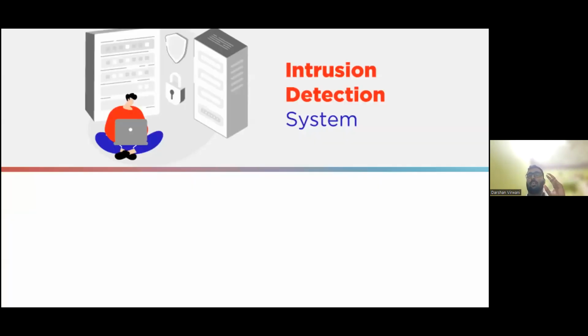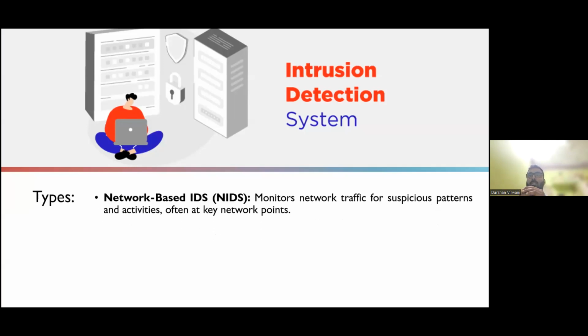Next, we will see how many types of intrusion detection systems there are. First is the network-based intrusion detection system. What does it do? It monitors our network traffic. If any suspicious patterns are shown, it will raise an alert.